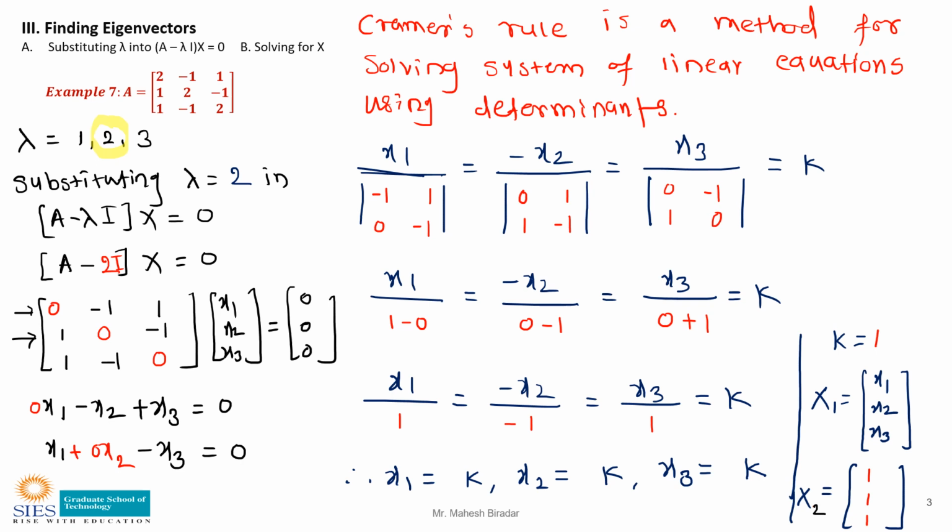I hope this procedure is clear. The same procedure now I'm going to apply for lambda equal to 3 also. I hope this procedure is clear to everyone. Let me do the changes for lambda equal to 3 now. I'm going to consider now lambda as 3 here. So there will be a change in these positions.